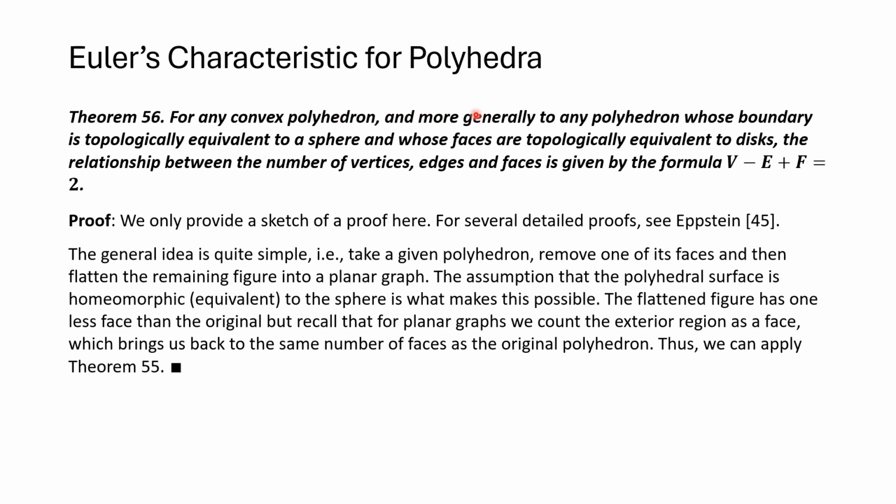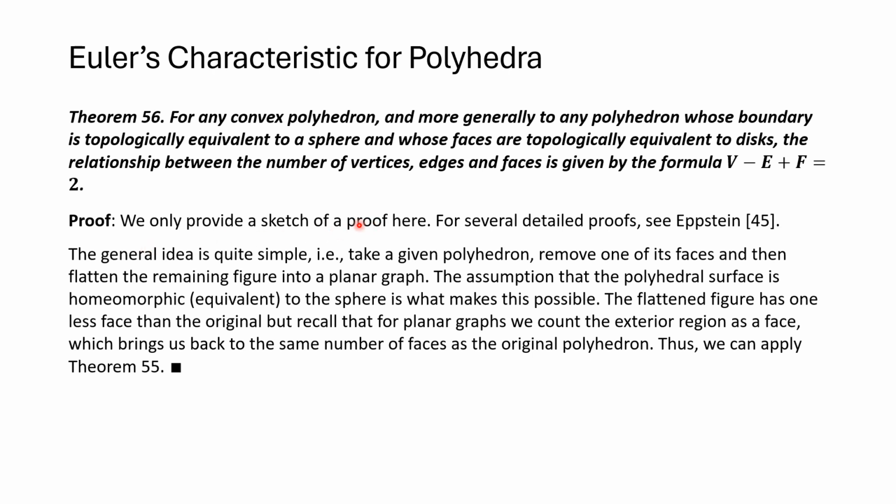So I have a theorem here for any convex polyhedron, and more generally any polyhedron whose boundary is topologically equivalent to a sphere and whose faces are topologically equivalent to this. The relationship between the number of vertices, edges, and faces is given by the Euler characteristic V minus E plus F equals 2. So we'll just give a sketch.